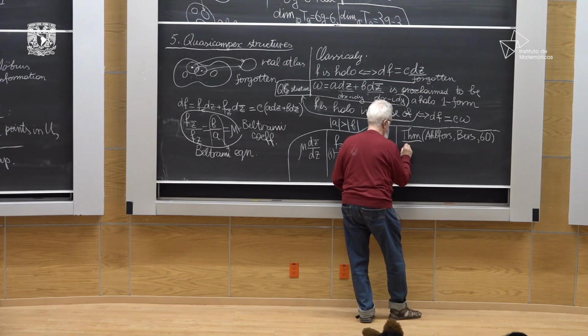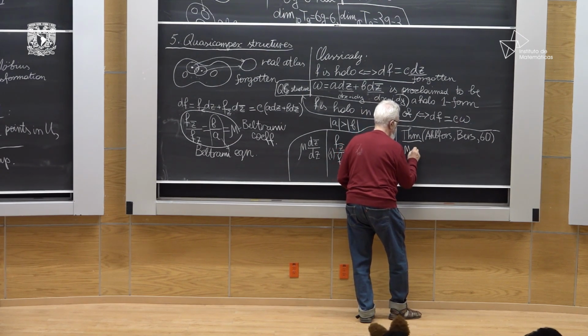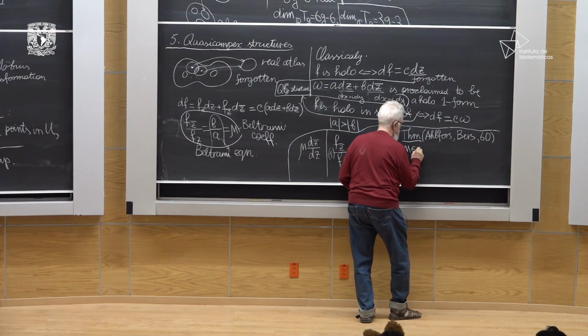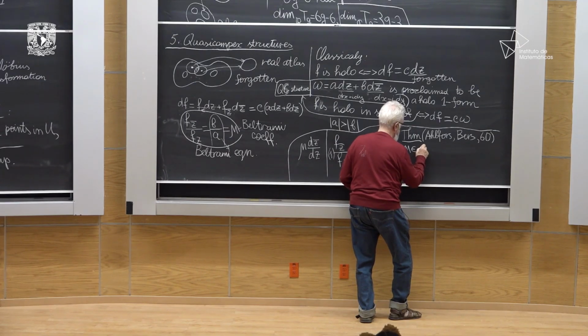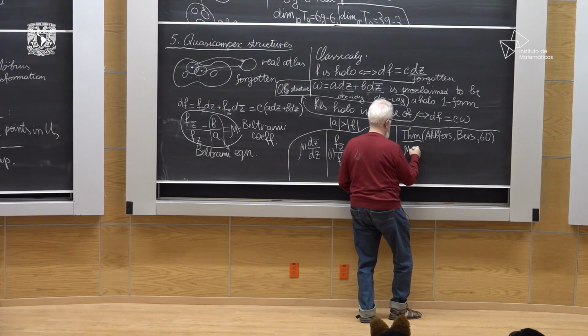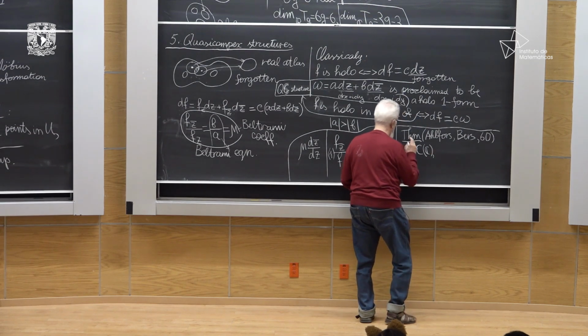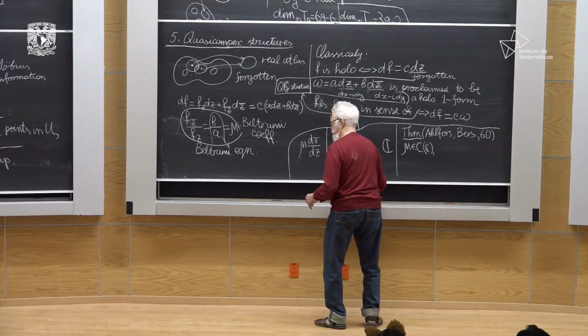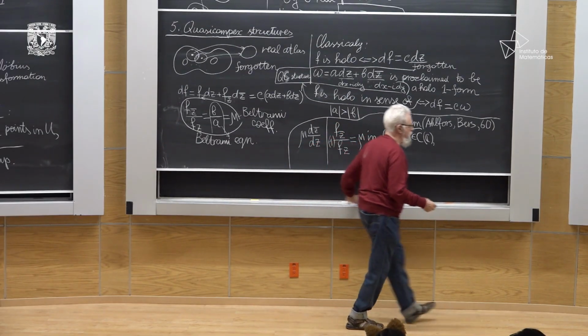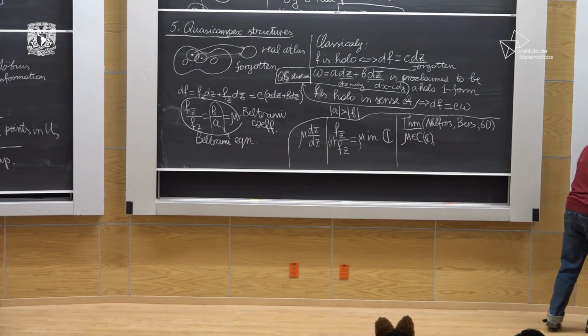Suppose that mu is continuous on C. No, this is too weak.